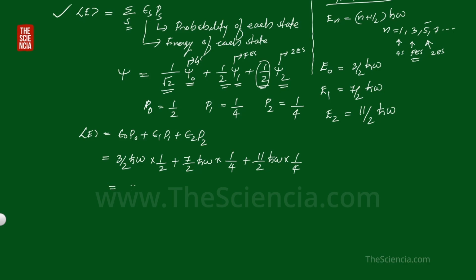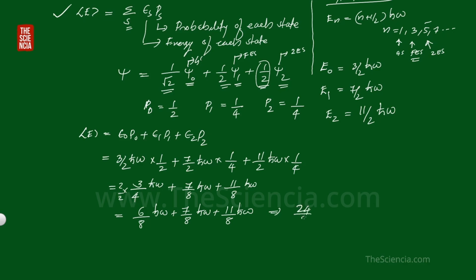That is equal to 3 by 4 h cross omega plus 7 by 8 h cross omega plus 11 by 8 h cross omega. We can multiply the first term by 2 and divide by 2, that is 6 by 8 h cross omega plus 7 by 8 h cross omega plus 11 by 8 h cross omega, which is equal to 24 by 8 h cross omega, that is 3 h cross omega.